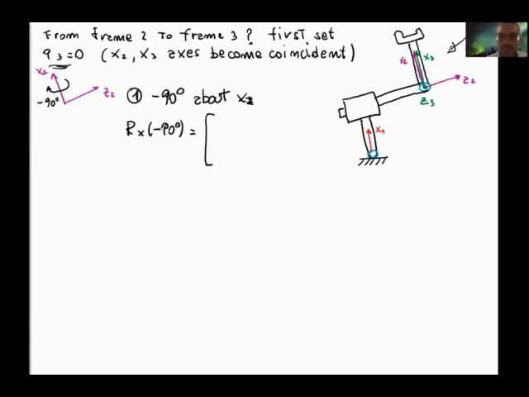The x2 axis will remain the same. Then we have the y3 axis, you use the right-hand rule, it's opposite to z2. And the z3 axis is the same as y2.